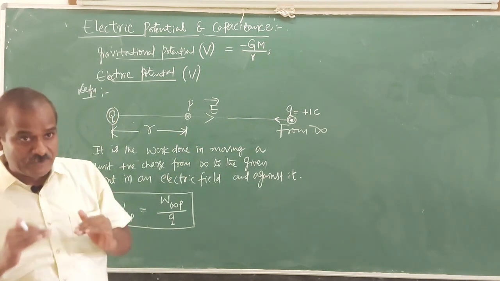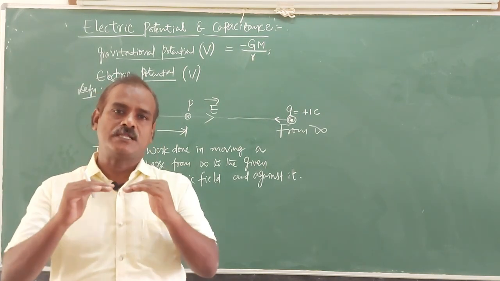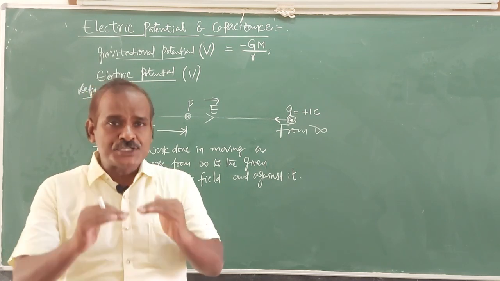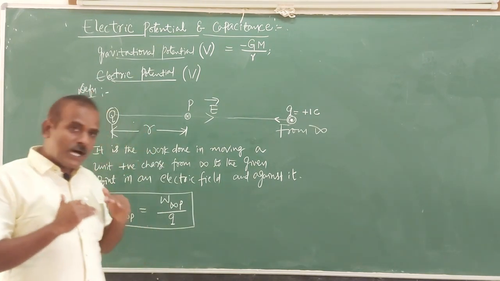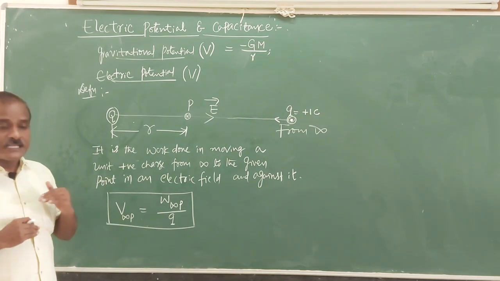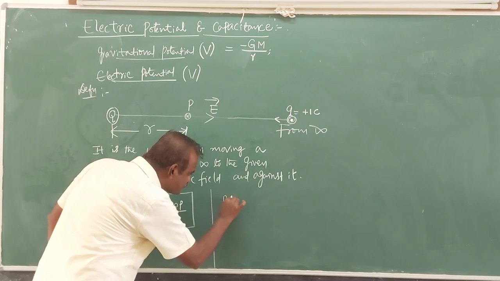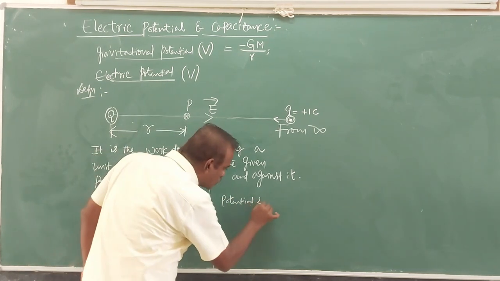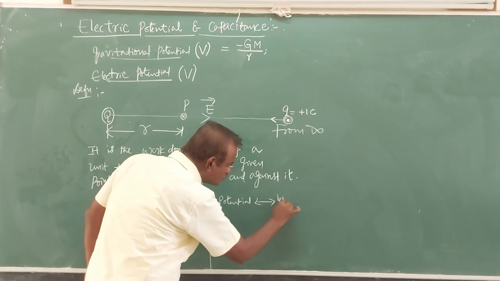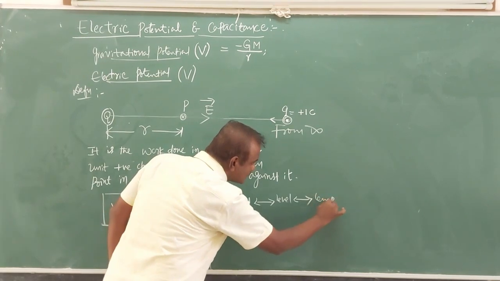Potential is also referred to as the strength of a charge at that point. Potential is also referred to as a level. In fact, I have mentioned very clearly in the earlier class that potential is equivalent to a level, and equivalent to a temperature.